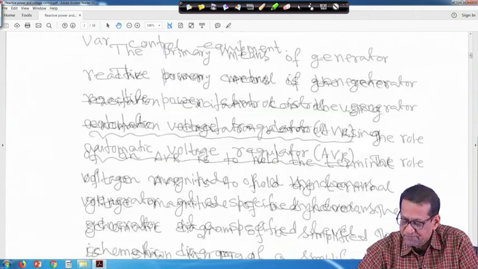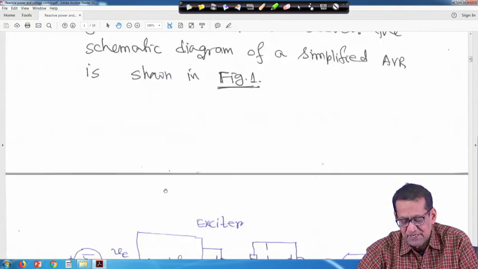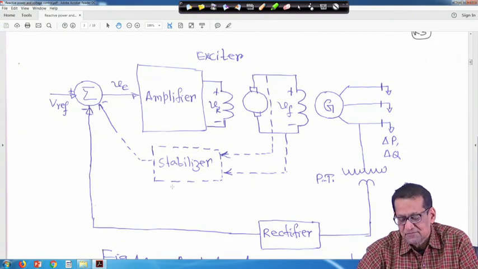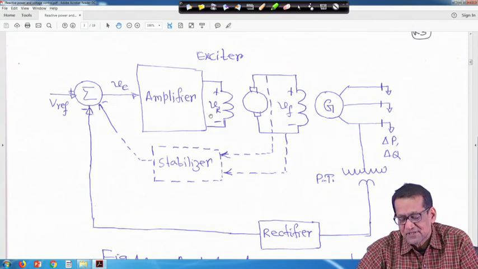The schematic diagram of a simplified AVR is shown in figure 1. This is the amplifier with its gain, this is the voltage VR, this is the excitation system, and this is the synchronous generator with its three phase terminals, and the real and reactive power, delta P and delta Q. This is the potential transformer.